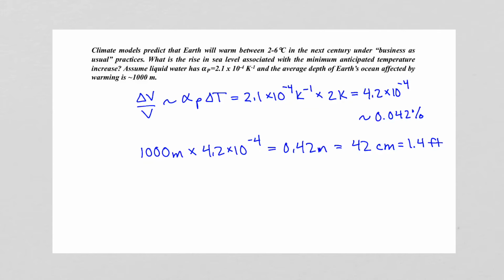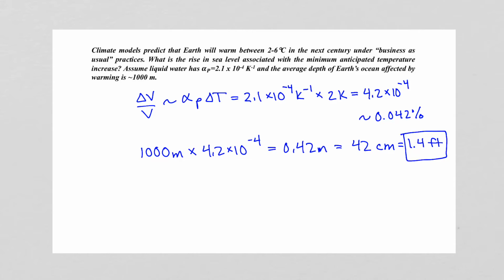Okay, so stop and think about this number right here. So if our sea level rises by 1.4 feet, okay, think about if you are living in an area that is at sea level or even below sea level. So areas like Miami, okay, that is a catastrophic amount of sea level rise.